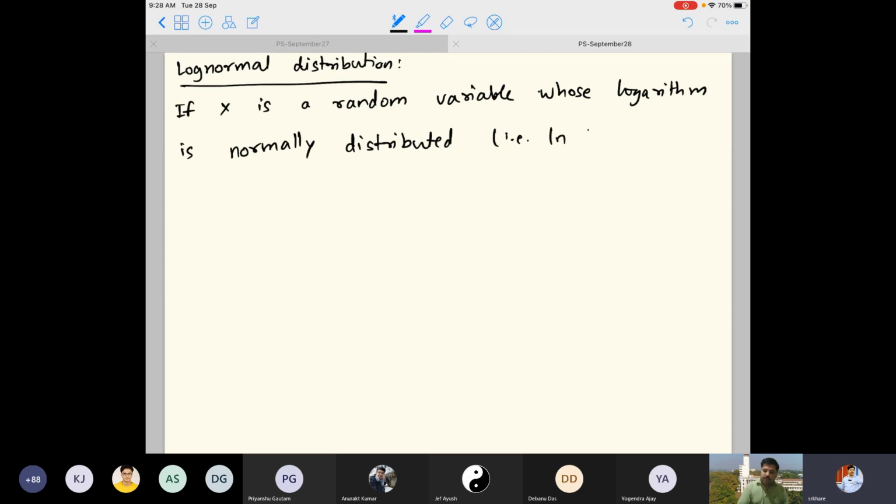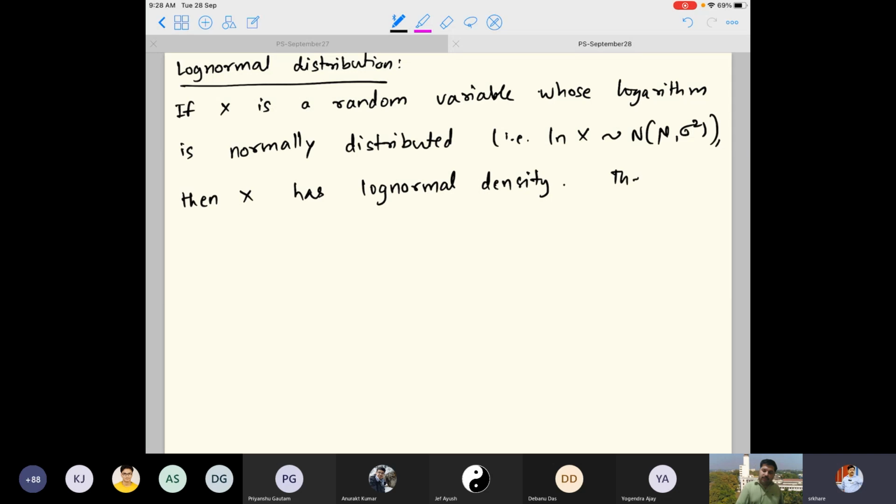What does that mean? That means that logarithm of x follows normal density with parameters mu and sigma square. Then this random variable x is said to have log normal density.